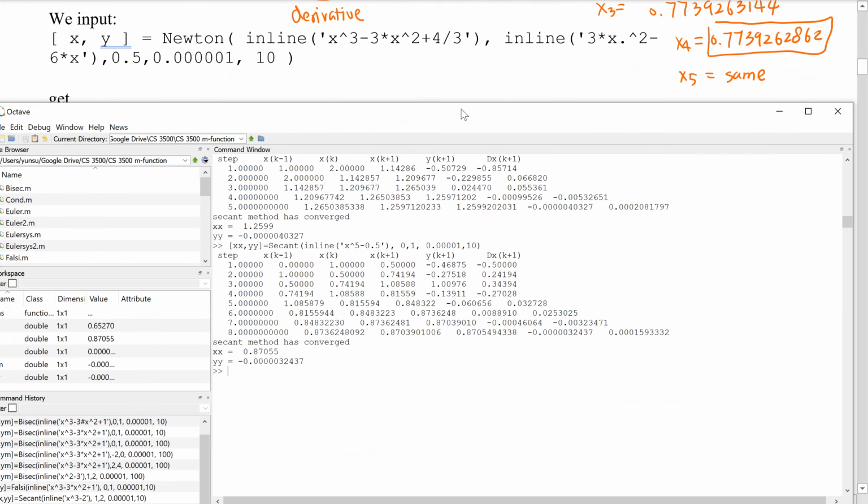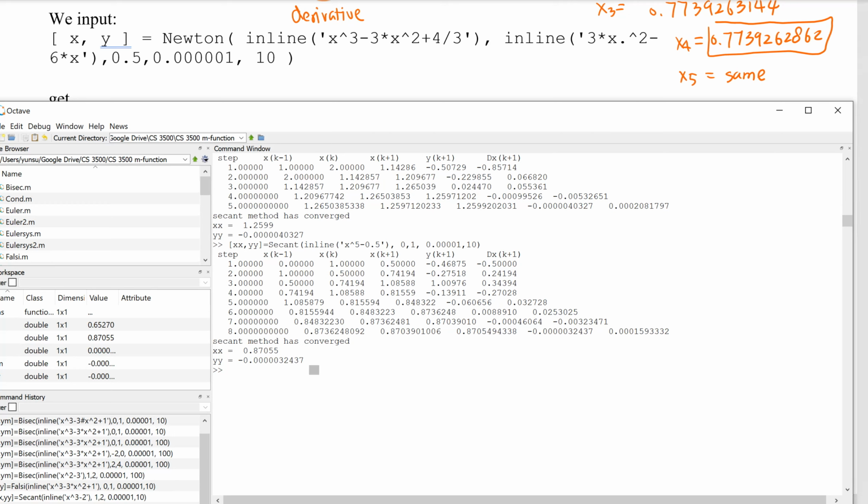Okay, so here we do x comma y equals Newton, and then this is x cubed minus 3 times x plus 4 over 3.